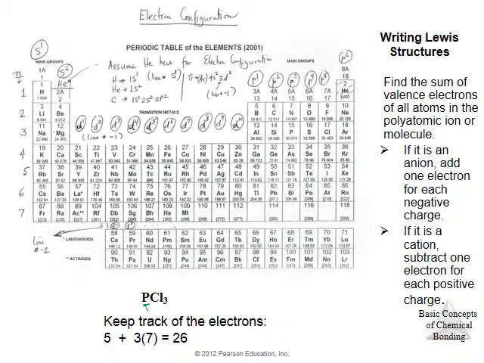If you look at the periodic table, let me put a red dot on phosphorus so that you know its location. This is phosphorus, atomic number 15, but that's not what we need. We need outermost electrons.